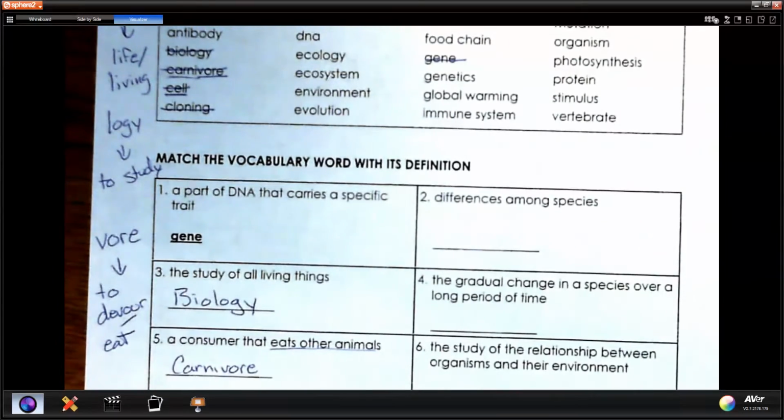So let's see, what are some other things that might be easy to pick up on? What's popping up to someone's mind? All right, extinct. So what does that mean to you?